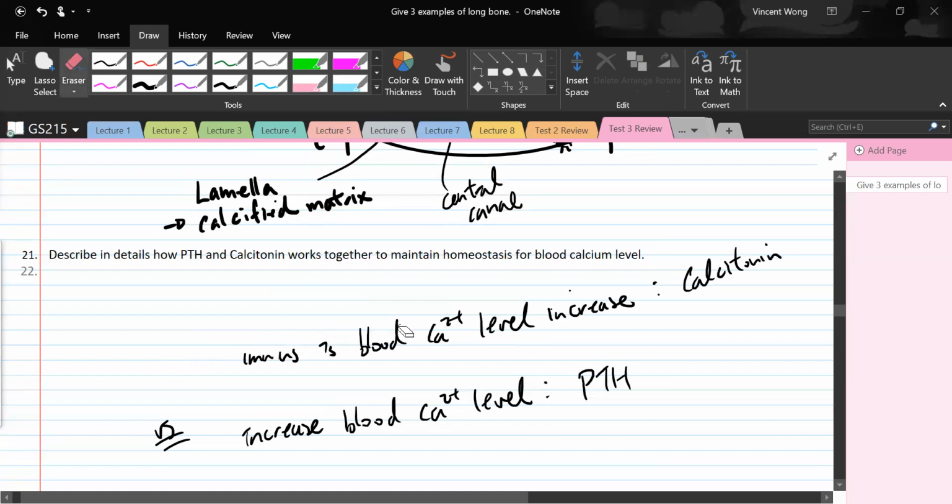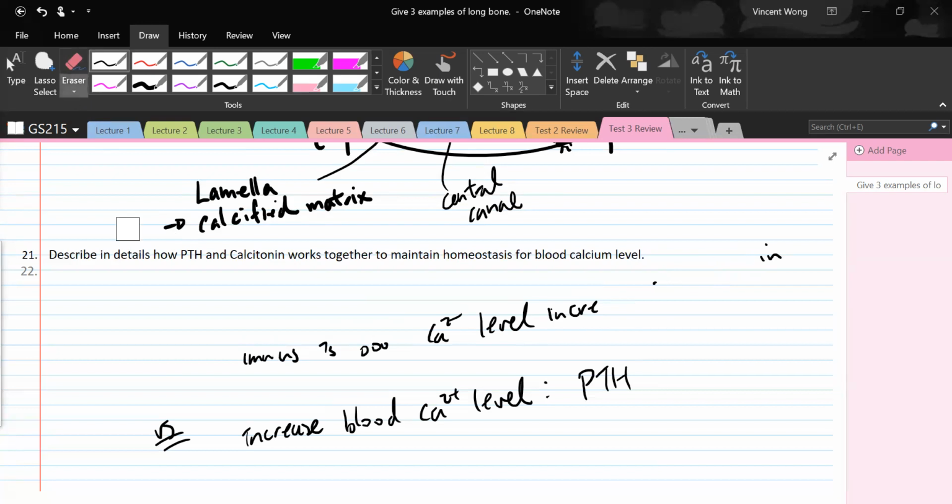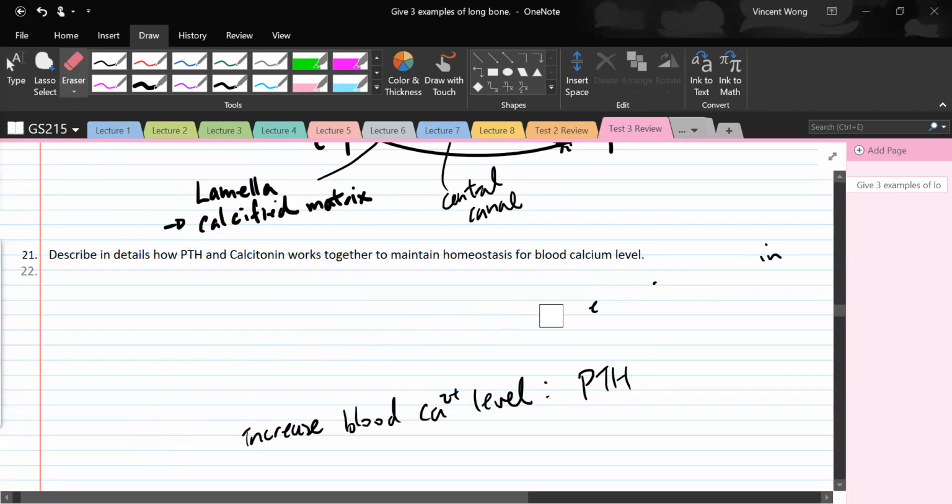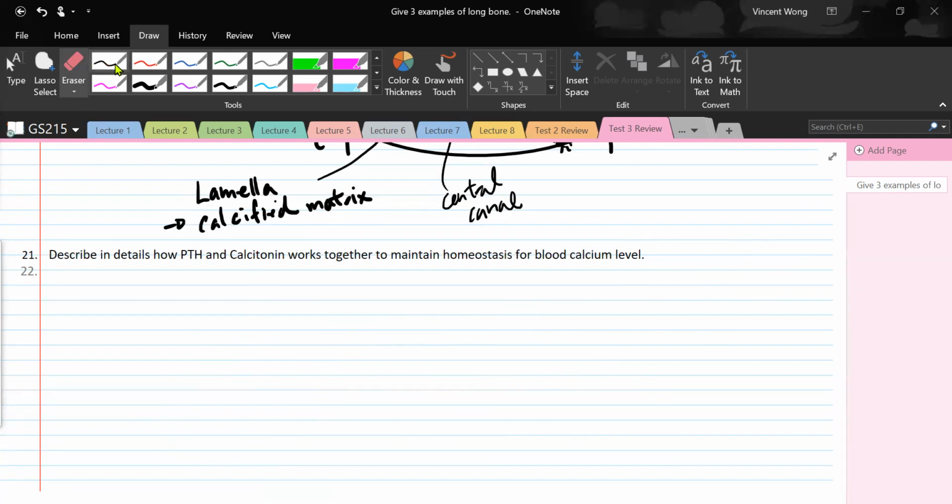Okay. So in that regard, it's probably a good idea that we quickly go through the calcitonin and the PTH.